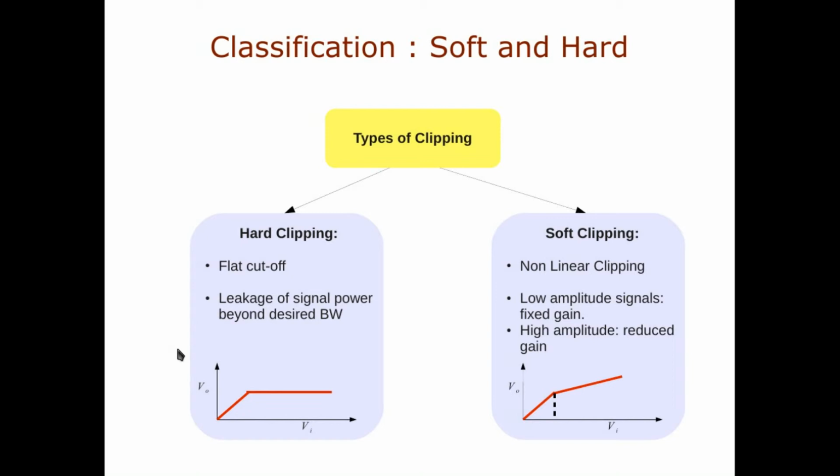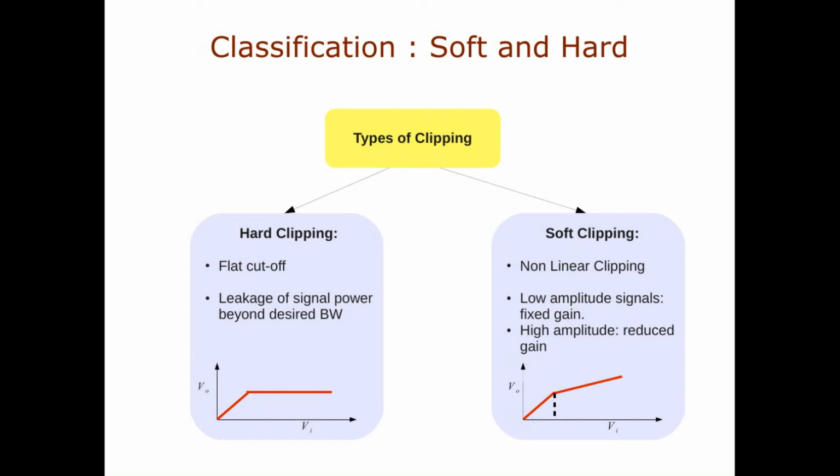There is no more voltage that appears above the threshold voltage, and for this the leakage of the signal power beyond the desired bandwidth happens. So leakage is more for the hard clipping case.